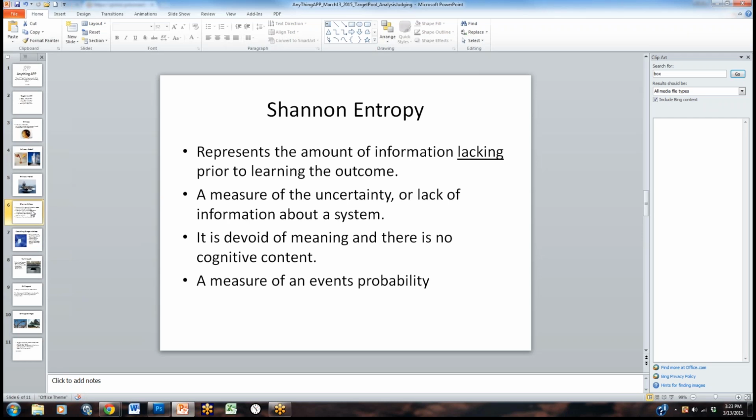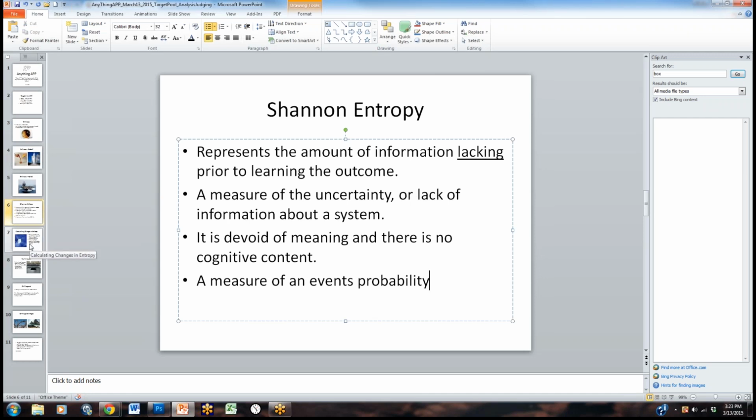But I don't know what you mean by lacking prior to learning. Well, lacking meaning that what's lacking is a measure of the probabilities. I don't know what that has to do with Shannon entropy, though, or lack of information about a system. It is devoid of meaning, and there is a measure of an event's probability.